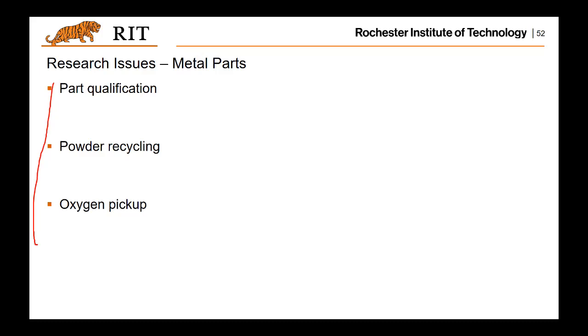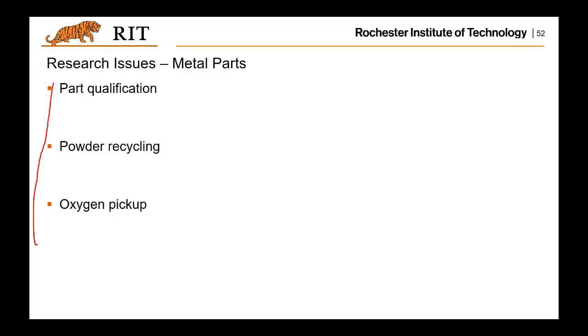The mechanical property and the material property could be different. I mean, that's the biggest challenge for this process fundamentally, right? That will make part qualification and standardization really difficult, and that's a big concern here.